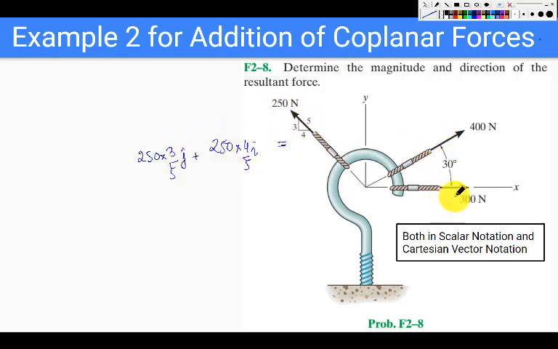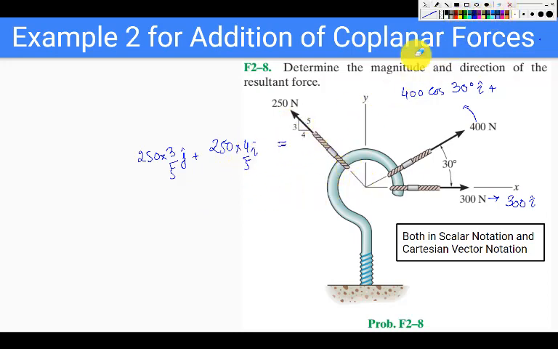Similarly, this force can just be written as 300 I hat. But this third force has to be written as 400 cos of 30 degrees I hat, plus, again, we made a mistake here earlier: one of the components had to be negative because it was in the negative direction.